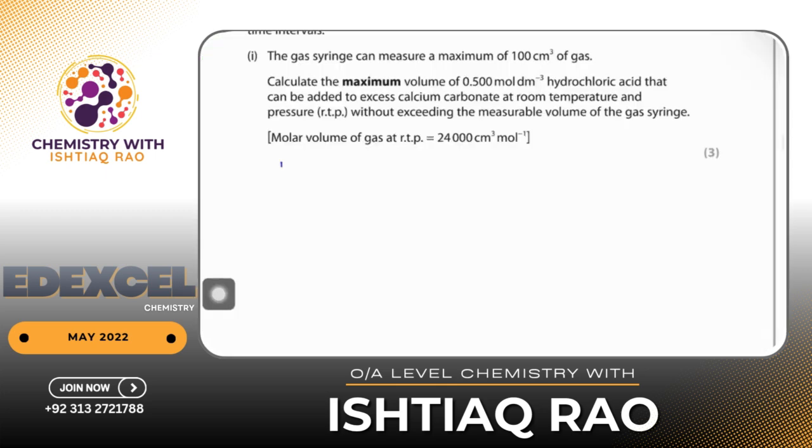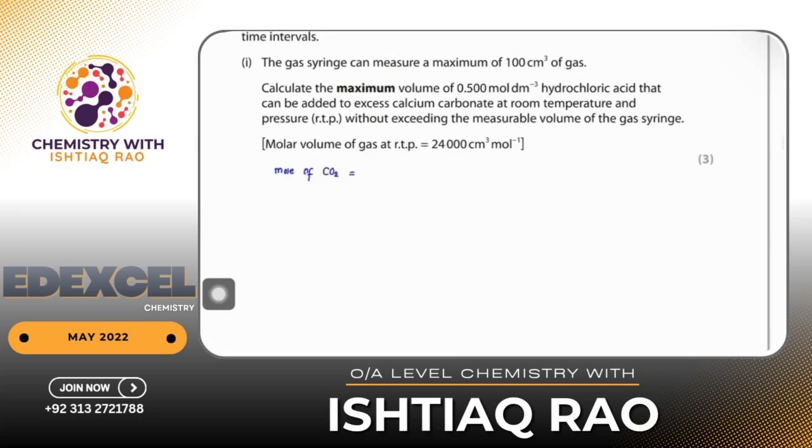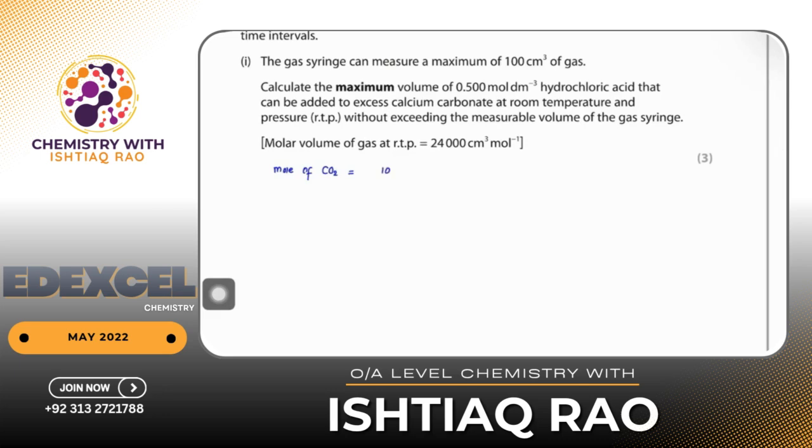Of carbon dioxide. So the mole of carbon dioxide would be equal to the volume, that is 100 centimeter cube, divided by 24,000. It would be giving you the mole of CO2.